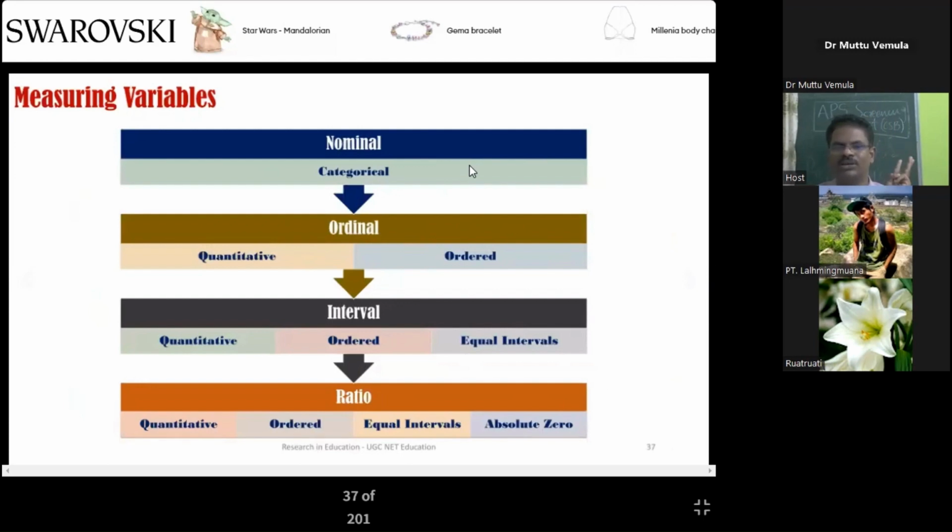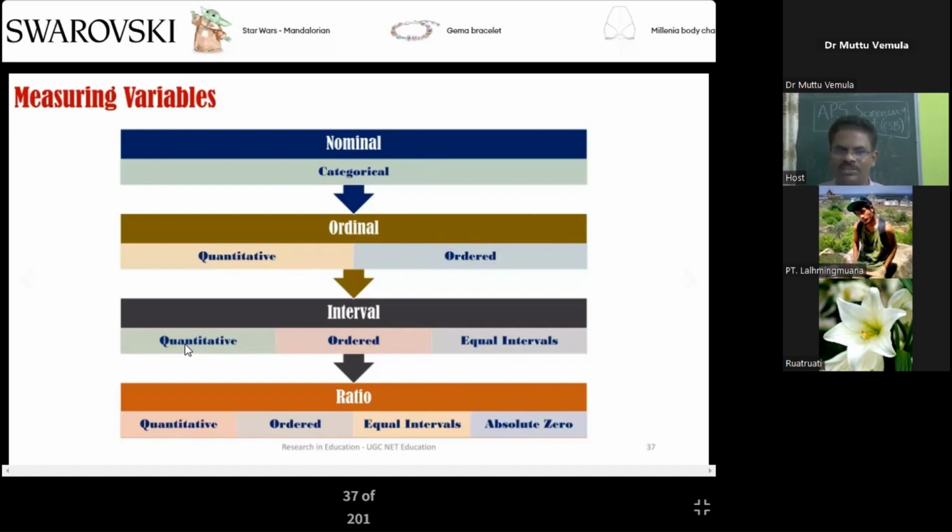If I take locality: rural, urban, or rural, urban and semi-urban, if that is the classification, the measuring scale is known as nominal. But if I go further with quantitative order, rank, first rank, second rank, third rank, then your tool is measuring at the ordinal level.